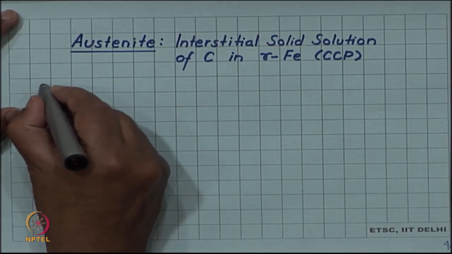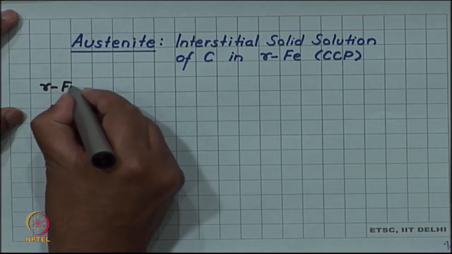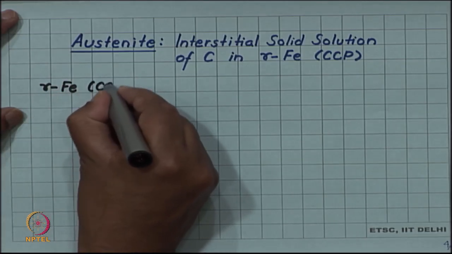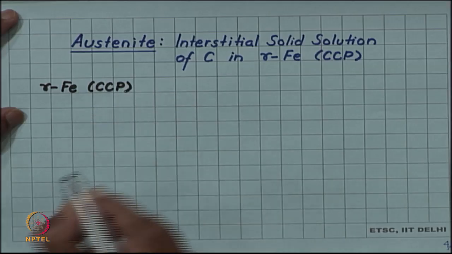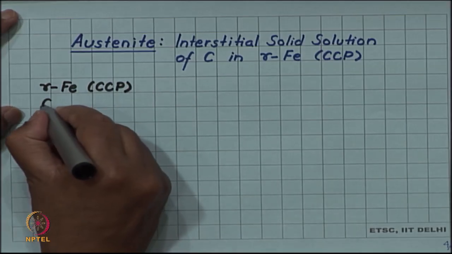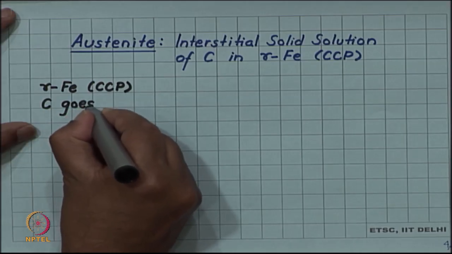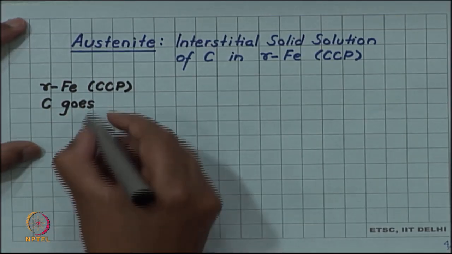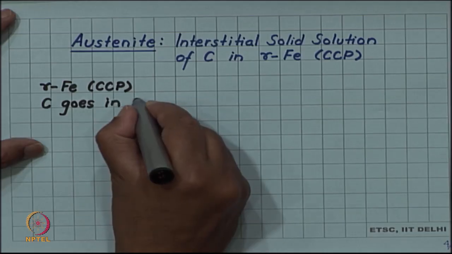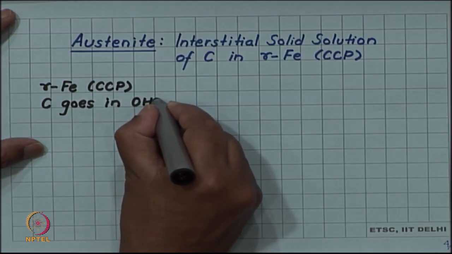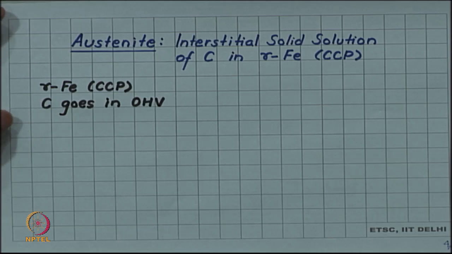So, we have gamma iron which is CCP, and carbon goes in octahedral void. This is known from experiments that carbon goes in octahedral void.